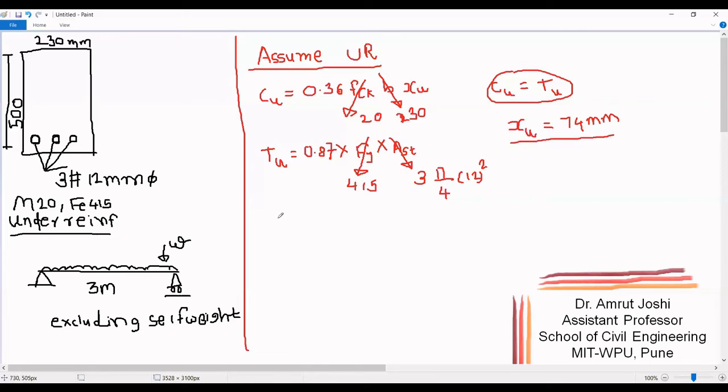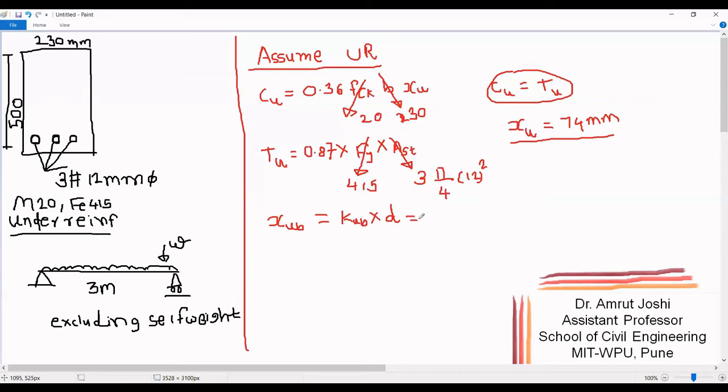Now next step that we are going to do is, we are going to compute the position of neutral axis if this section would have been designed as balanced section. So what is the value of xu,b? We know that it is equal to ku,b into d.